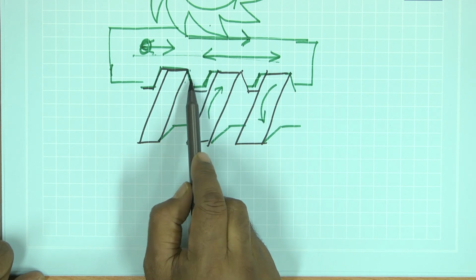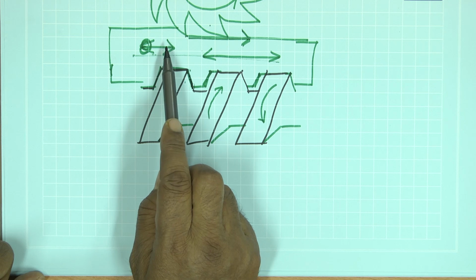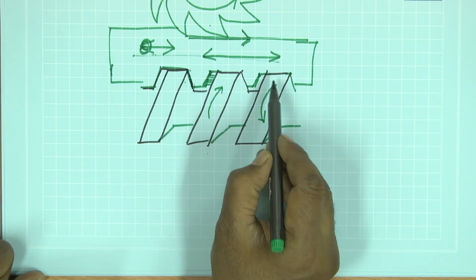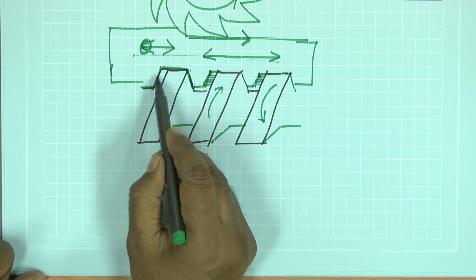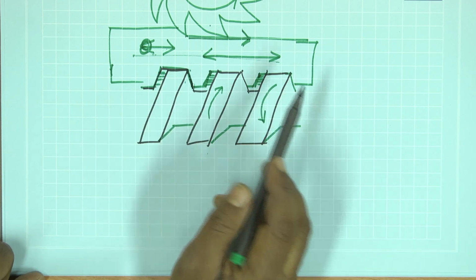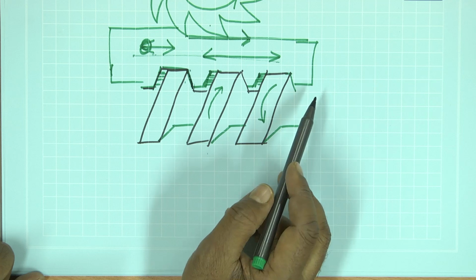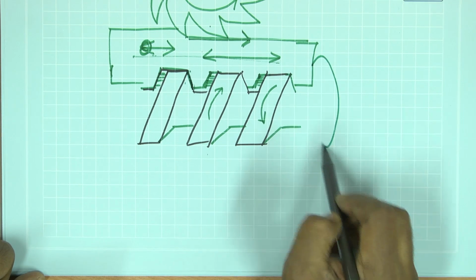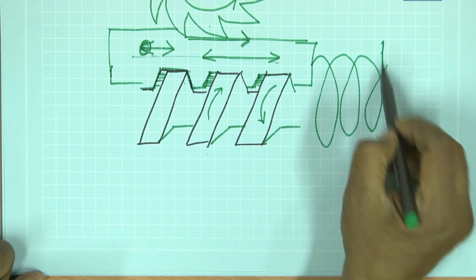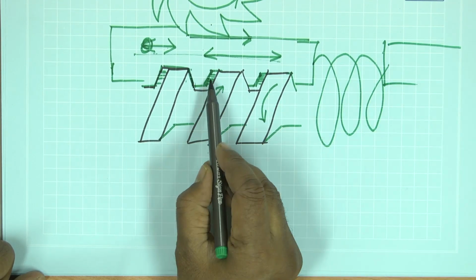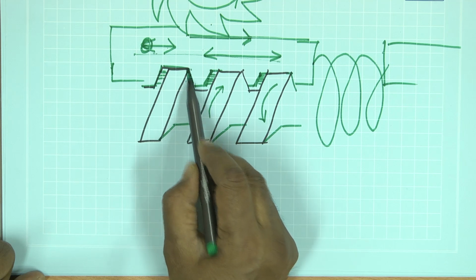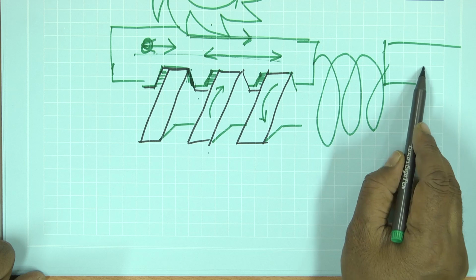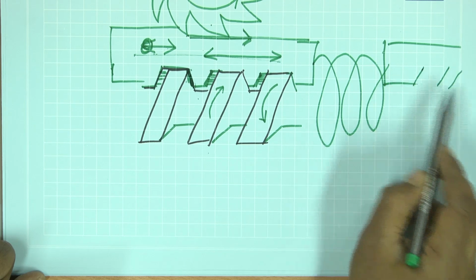So, if you still want to cut by down milling, this gap will have to be eliminated somehow, and you can do it by backlash elimination devices, which might be as simple as two nuts pressed away from each other by a spring, so that this nut grabs hold of these surfaces in intimate touch, and that nut grabs hold of the other sides of the screw in intimate touch.